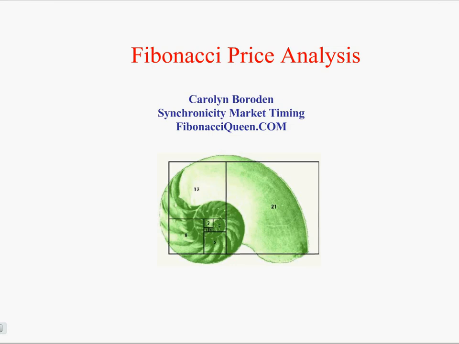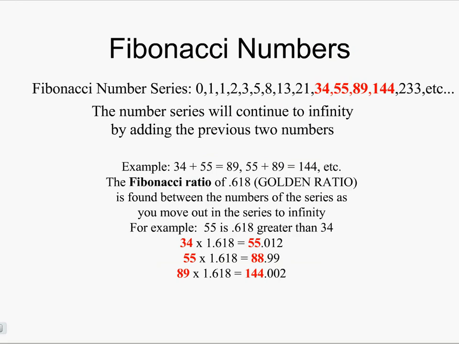Okay, so to get started here, for anyone who's not familiar with the Fibonacci numbers series, this is what you're looking at here. And what you find as you go out to infinity, and let me grab my little pointer here, is you'll find the golden ratio within this number series, 618.